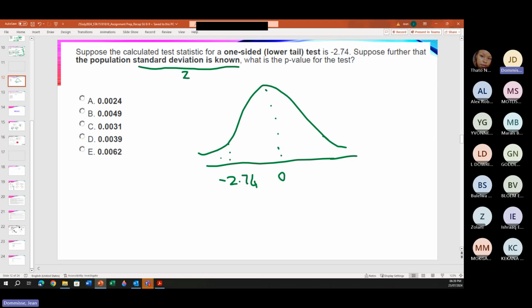Okay, so we need to get that area. That will be the p-value. So let's look at minus 2.74.